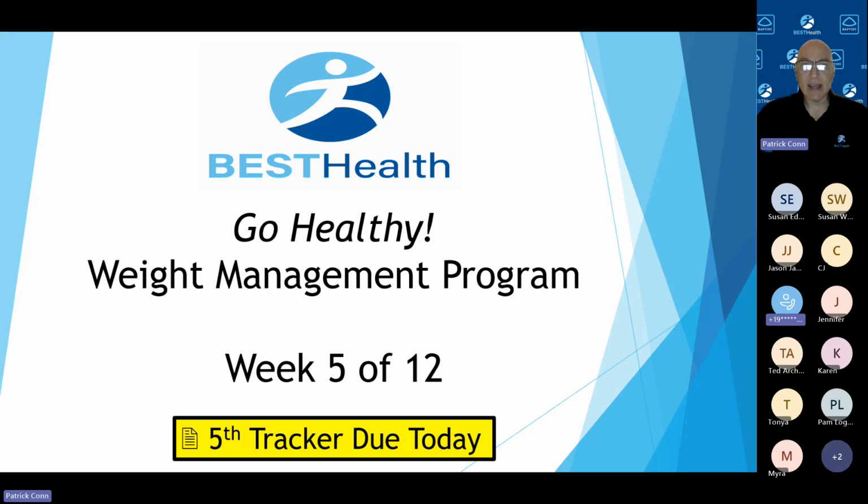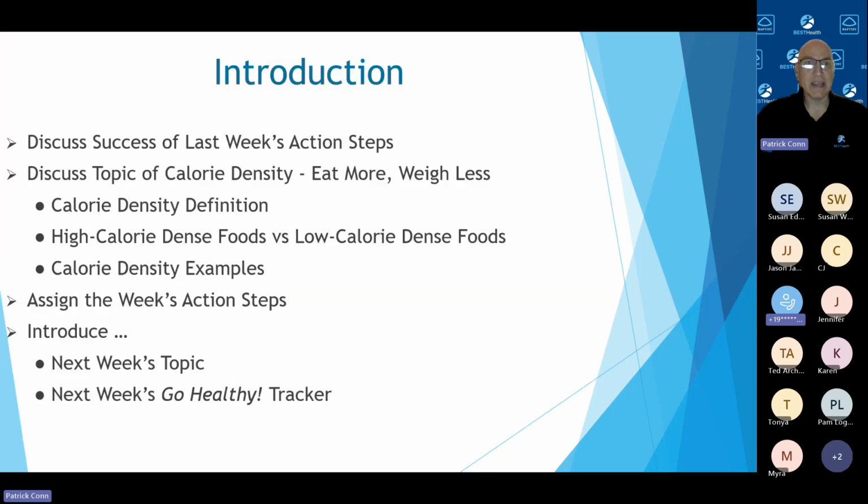So we're going to go ahead and get started for the day. What we're going to do is we'll start off like we do every week, discussing the success that you had from last week's action steps. We will then get to the topic of the day, which is called calorie density. We'll specifically define what calorie density is. And if you do recall, we gave you a definition in the introduction week.